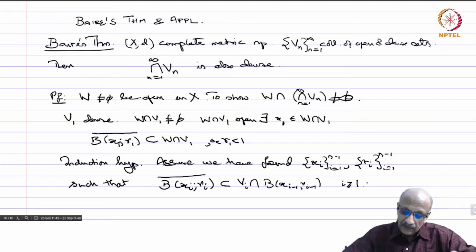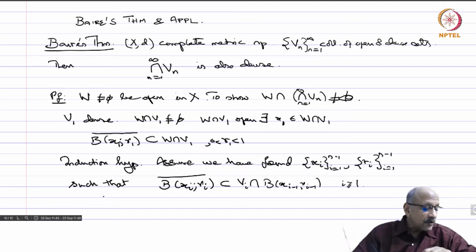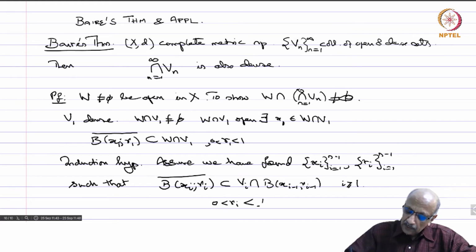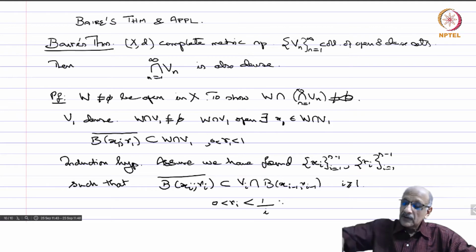We have done that for i equals 1, and therefore we are okay. The second condition is 0 less than ri less than 1 by i. So these are the two conditions in the induction hypothesis.